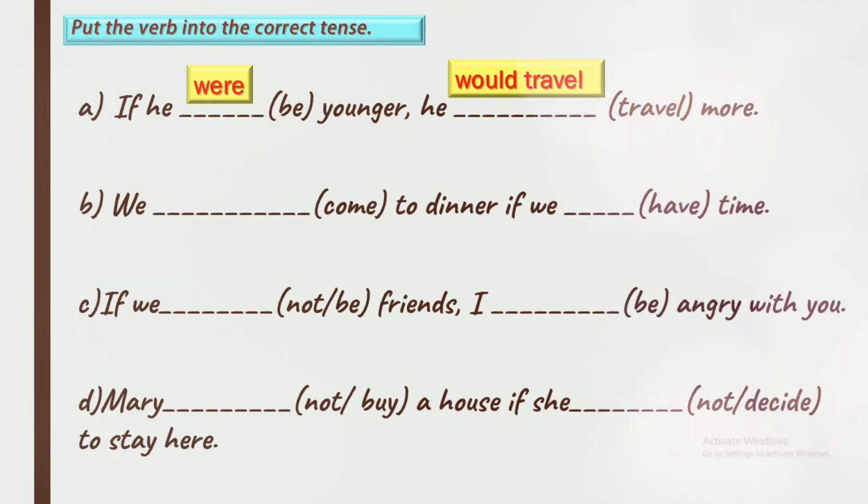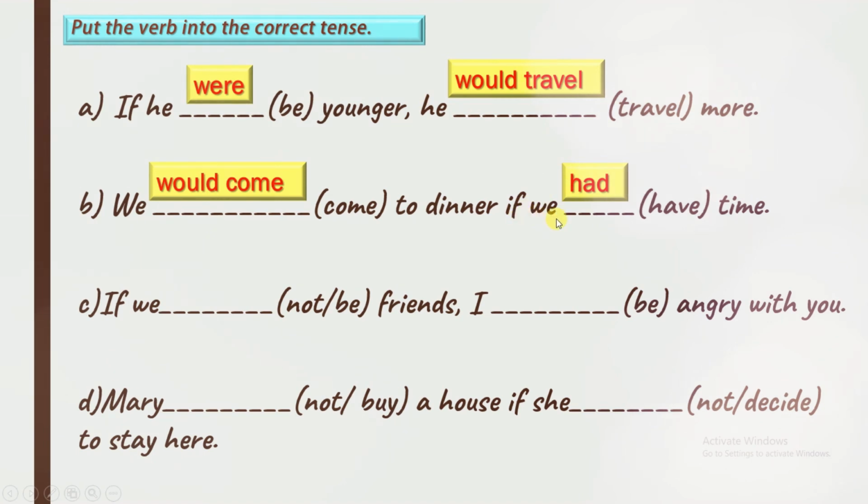B. We have two verbs, come and have. Where is if in the second sentence? Look carefully, it's in here. So I start with would come. We would come to dinner if we had time.